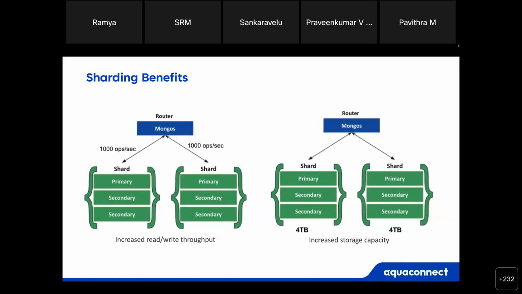Suppose a query comes to get the students data above 60. That query comes to the mongos router. The mongos router gets the metadata from the config server: which shards have this data?